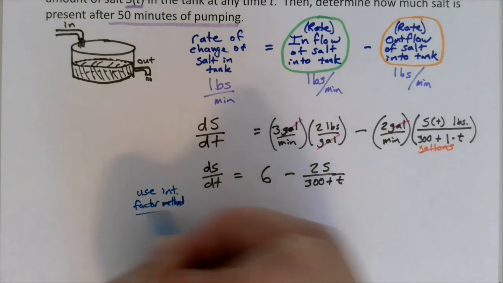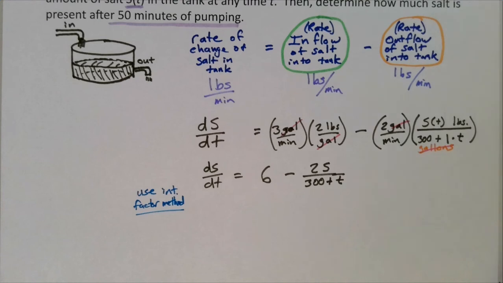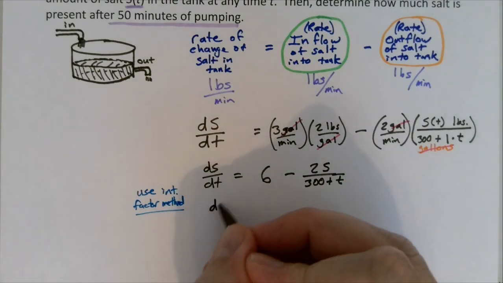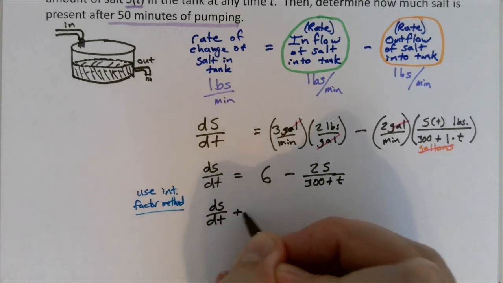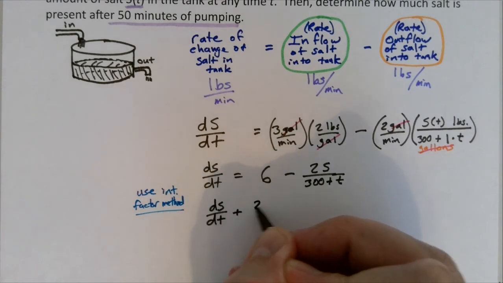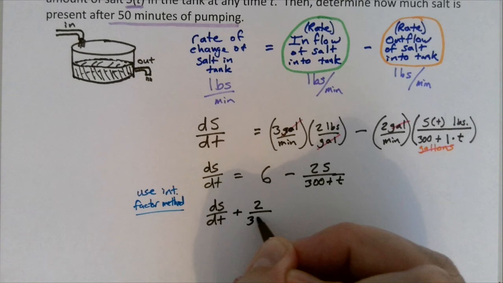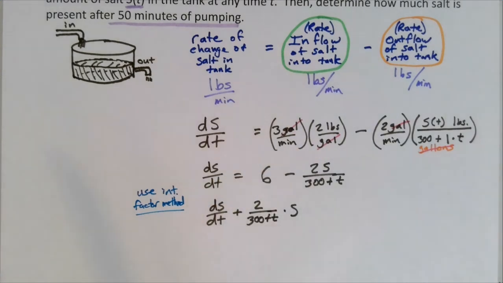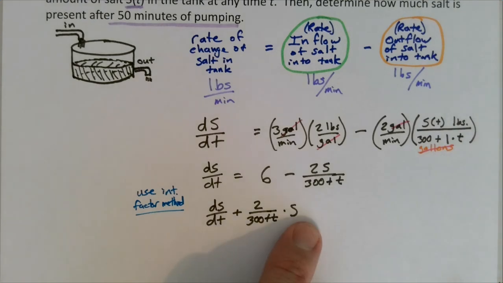And if we use the integrating factor method, we're going to move everything that has an s in it to the other side. So we'd have ds/dt plus 2 over 300 plus t, notice what I did, times s. I leave everything but the s sitting out in front. I factor it out front.